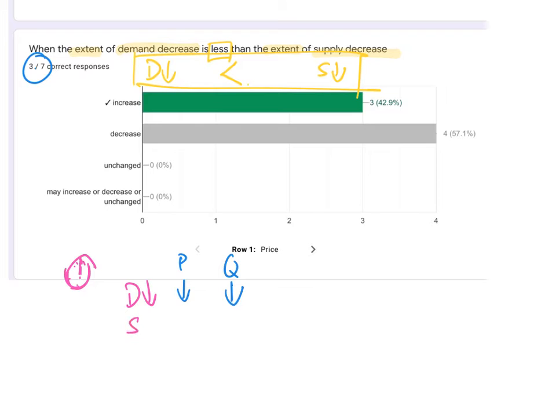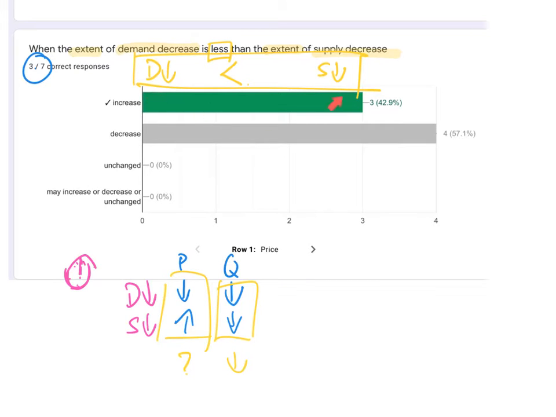And as supply decreases, then the price will go up, quantity down. Okay, so the result: price unknown, quantity down. Okay, so what you focus on is the price. How to find out which one? Because this time it said that the demand decrease is smaller.